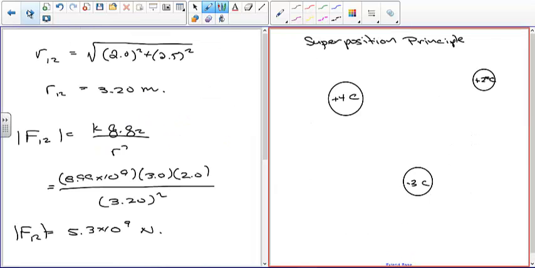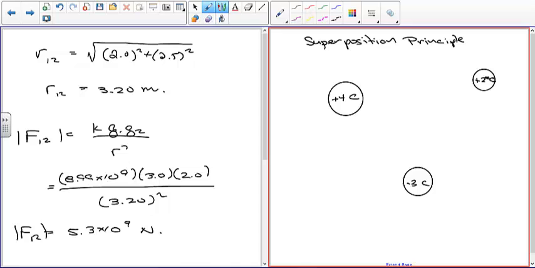Okay, so that's easy. Now, in this case, what if we have three charges that are not in line? How would you figure out what the force of the two other charges are on the single charge? So we're just going to do this qualitatively right now.